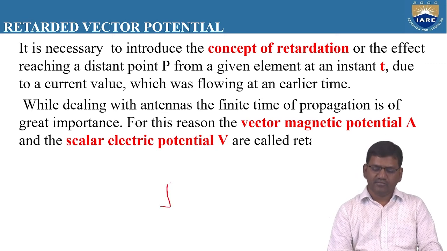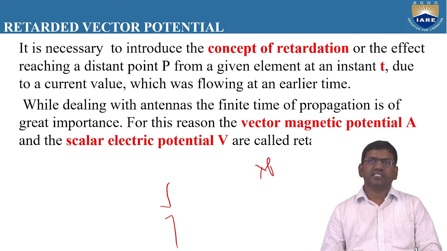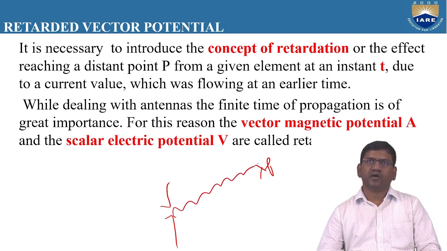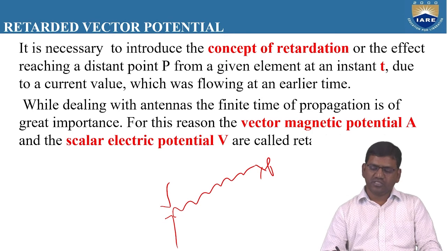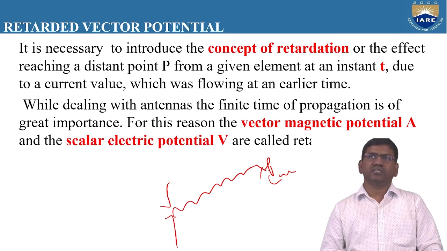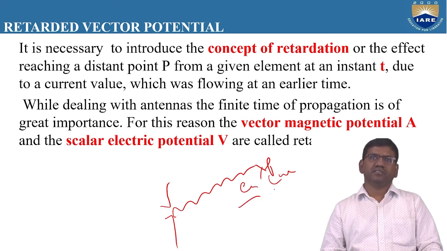If this is a current element and this is the distant point P, the effect or the radiation reaching the distant point P is not only due to the current value, but also due to the values at earlier times.